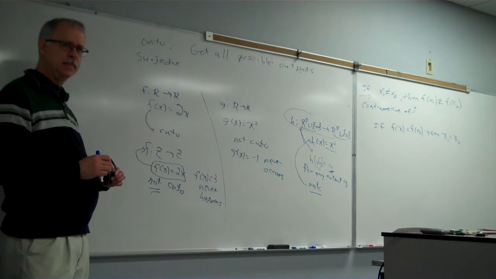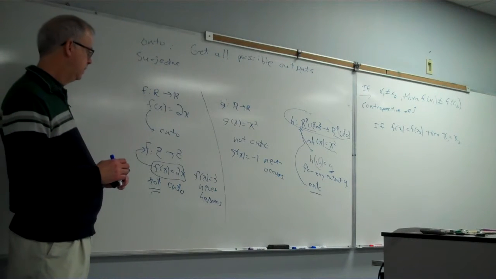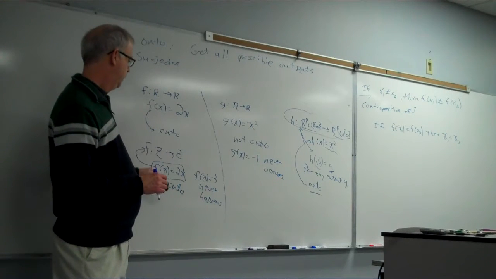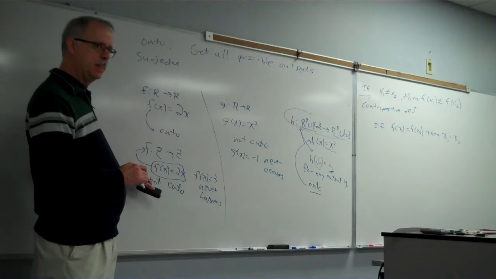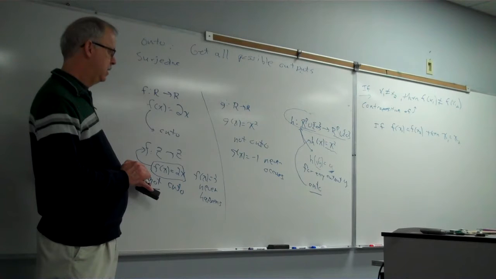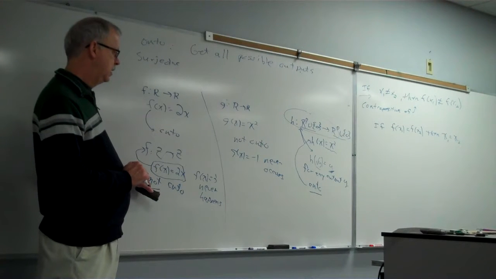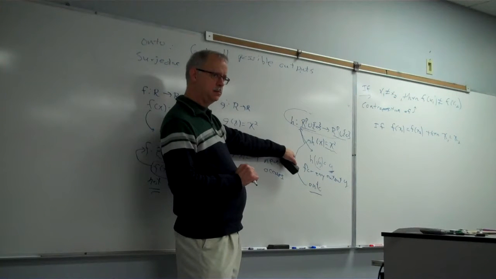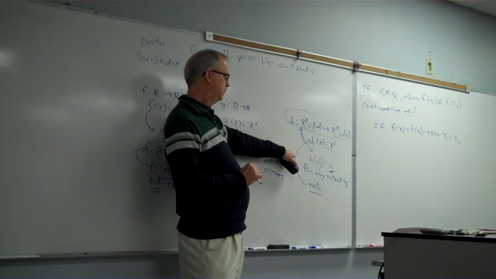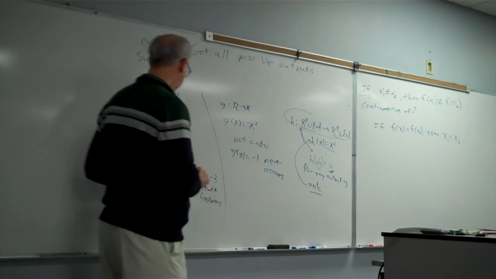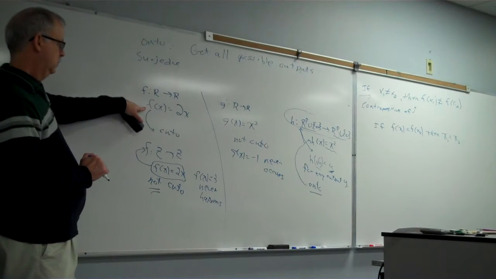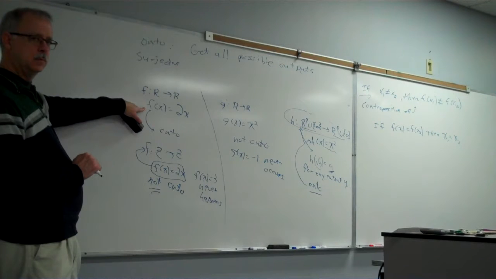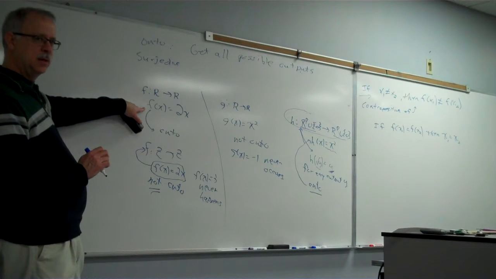Yes? What about the 2x and x squared, the f and the h, less than 1? It makes sense that it is onto, but something about my brain is wondering. So what do you mean less than 1? Let's say for the 2x, you have a half, and to get that you need 0.25, but to get 0.25 you need 0.125, and it just keeps going.